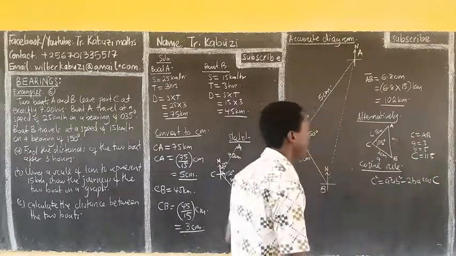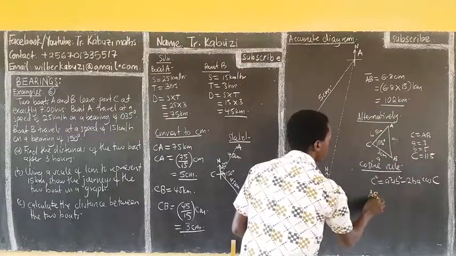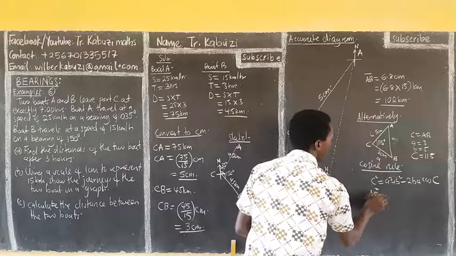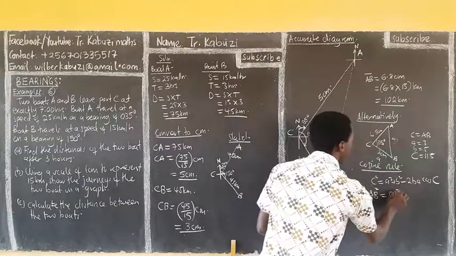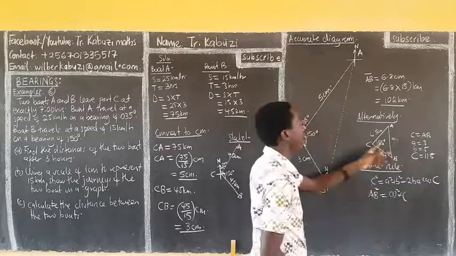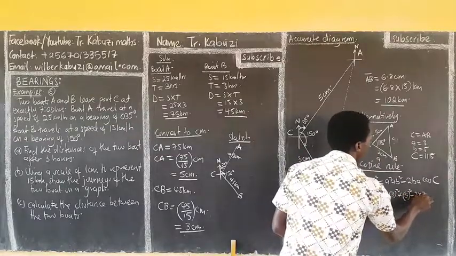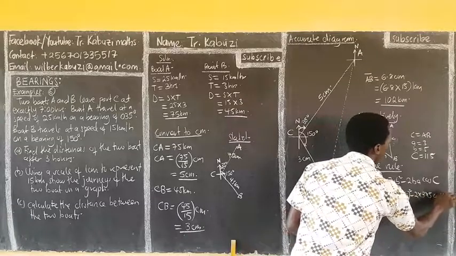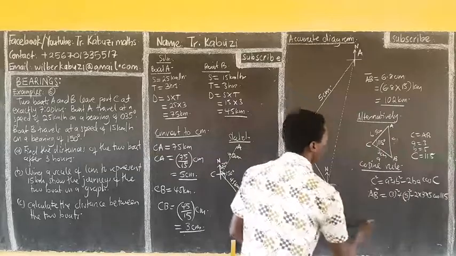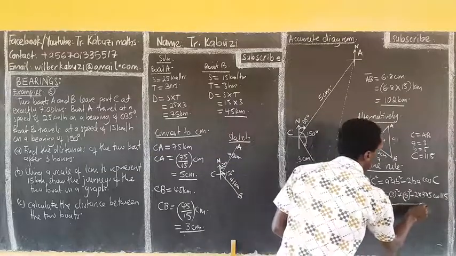So let us substitute. C, which is AB, squared equals 3 squared plus 5 squared, minus 2 times 3 times 5, times cos 115. And so your AB will be the square root of the whole of that.